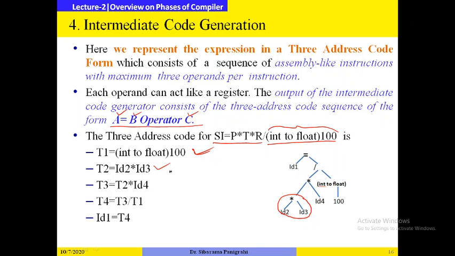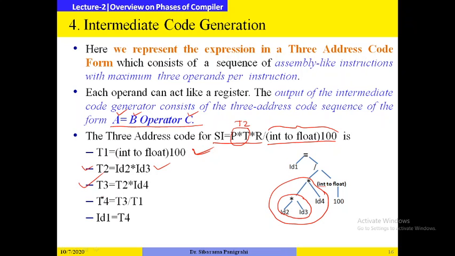In T2 we have stored ID2 into ID3, which is nothing but P into T. Next we will multiply the result by R. So T3 equal to T2 into R, where R means ID4. Next we will divide it by 100, which is T1.